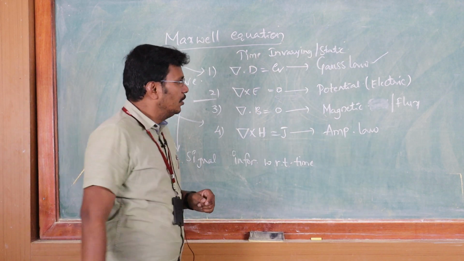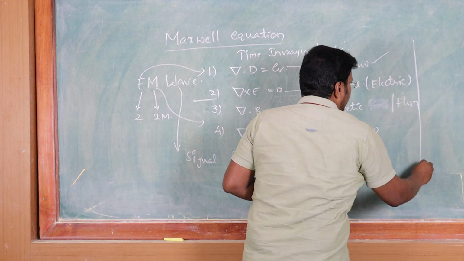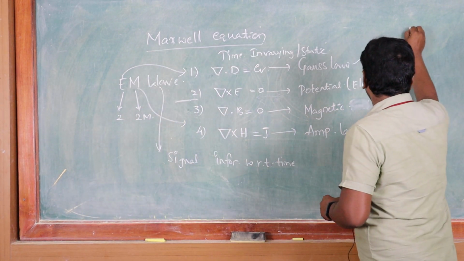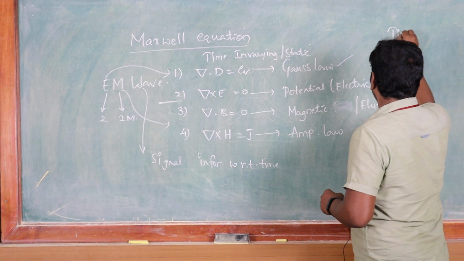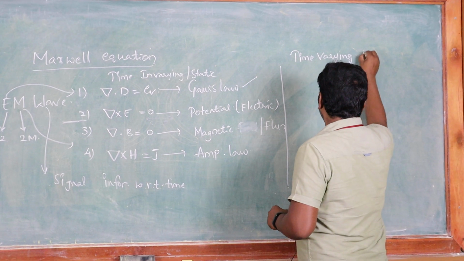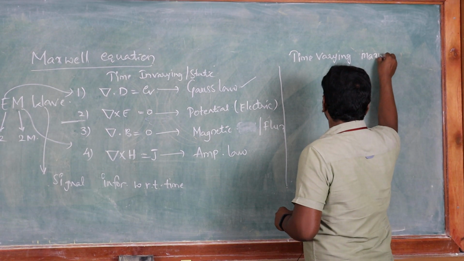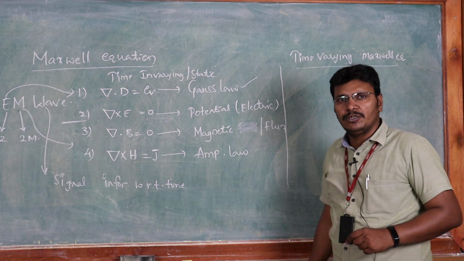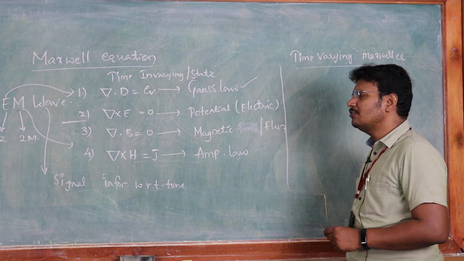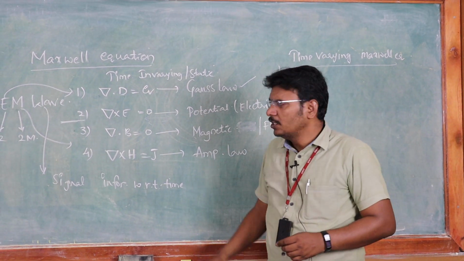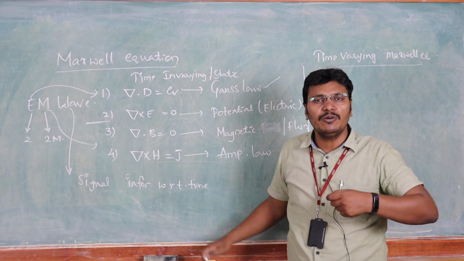Okay, so now coming to the time varying Maxwell equations. Here also we have the same 4 that we have discussed till now, but these 4 will be in terms of time.